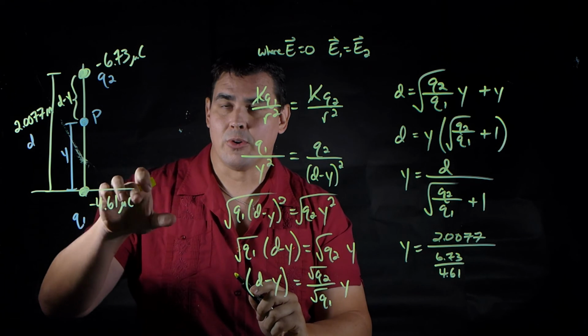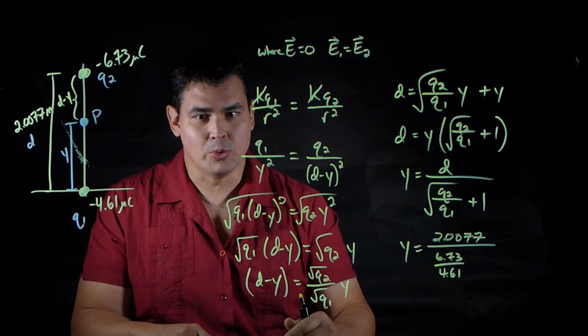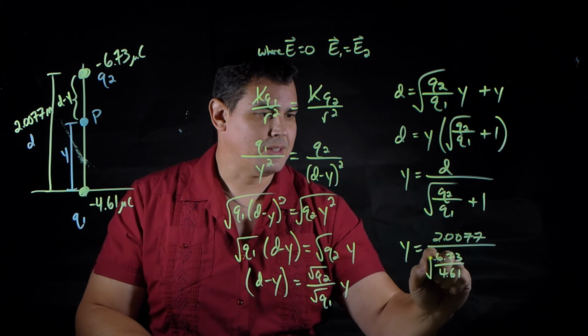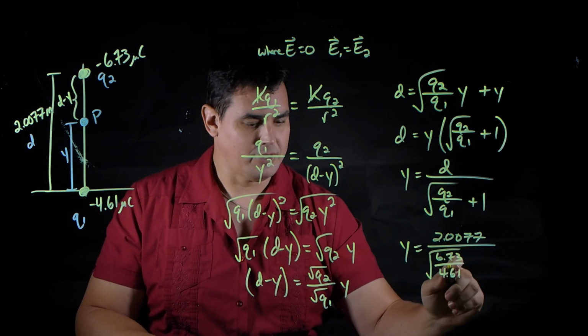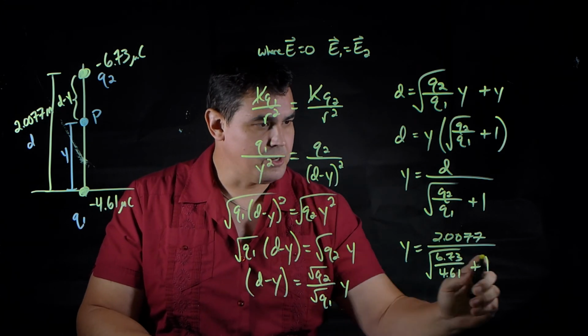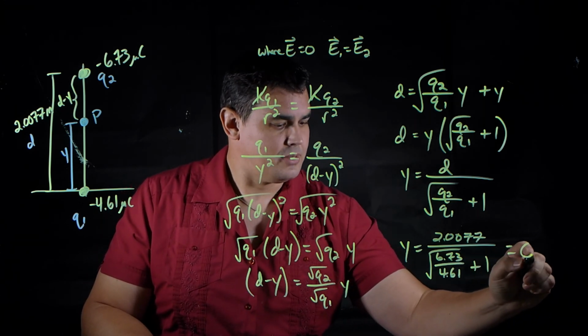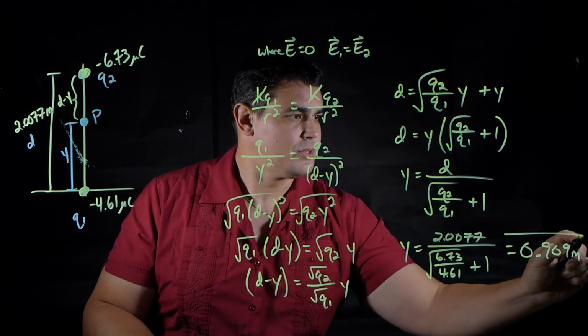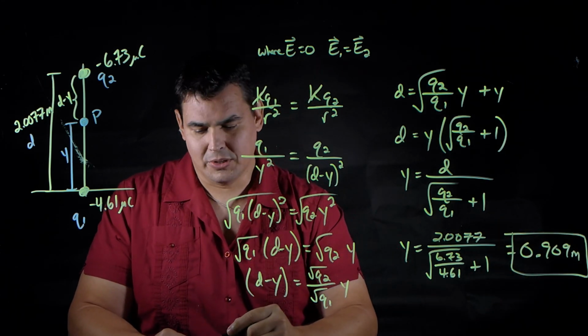And I don't need the microcoulombs because if you remember your exponent rules, when you divide those two exponents, they're going to cancel out. So I'll just leave it like this instead of drawing an extra exponent. Plus 1. And so when you do this, I end up with 0.909 meters. And that's your answer, right?